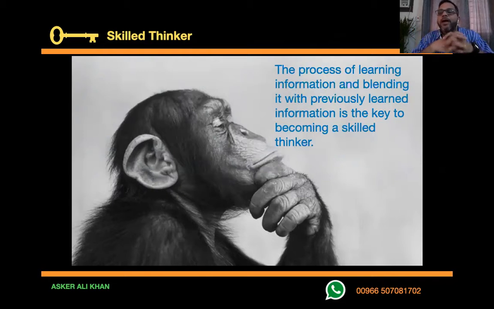When you are learning new information, which you do every day, and when you blend this new information with the previously known information, and then you use it in your problem solving, that is called skilled thinking, right? And this is what you need to become, a skilled thinker. How you can blend the information that you receive.